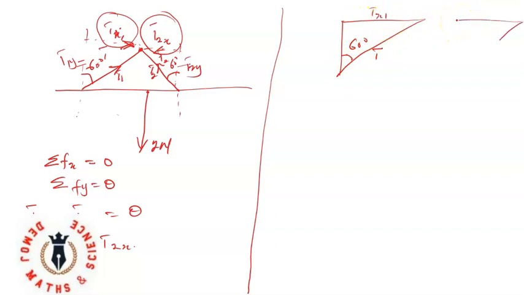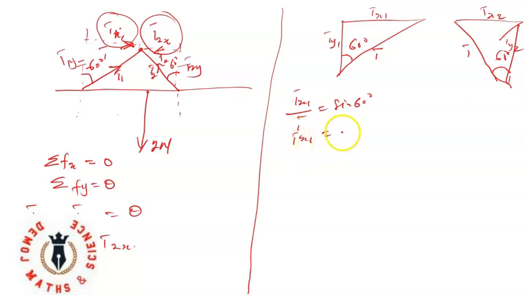For the other side, here is 60 degrees again, here is tension T, and here is T2x, and here is T2y, and here is T1y. From this triangle, using SOHCAHTOA, we know that T1x over T is equal to sine 60 degrees, so that T1x is equal to T sine 60 degrees.